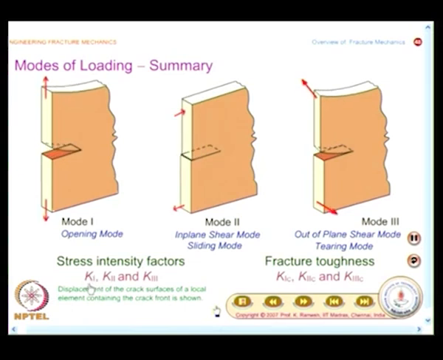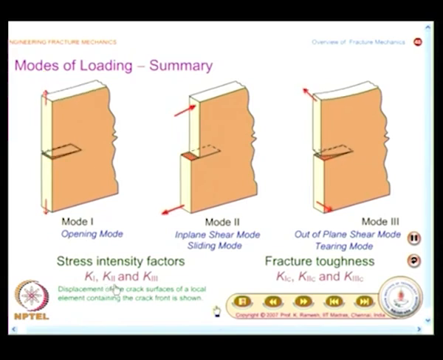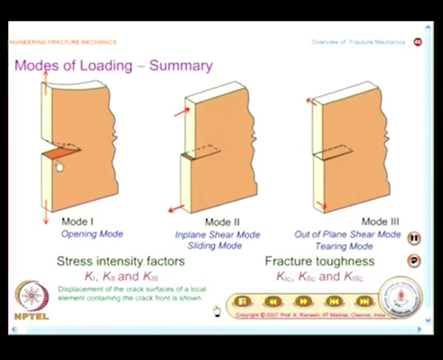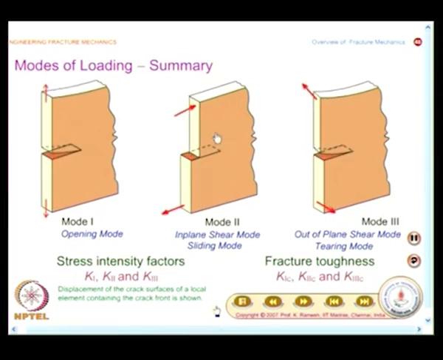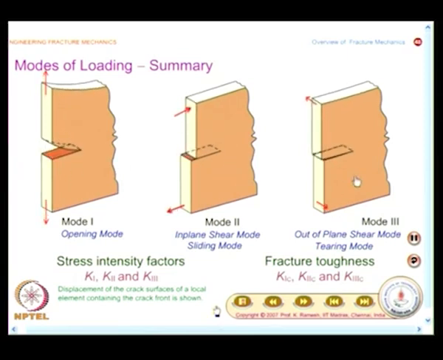This is one of the common mistakes people make. You have to read this as K1, read this as K2 and read this as K3. So, for a given loading, you find out what is the value of K1, what is the value of K2 and what is the value of K3.